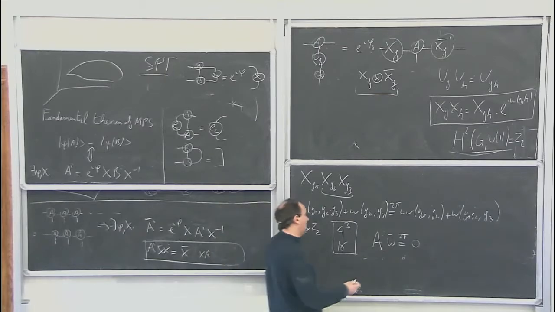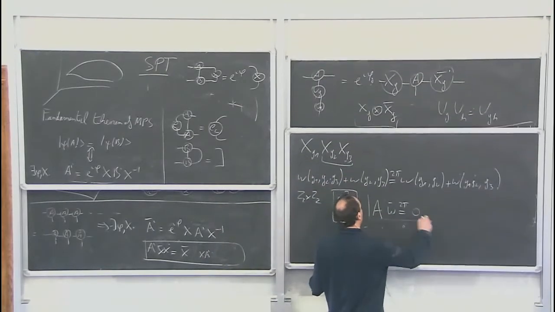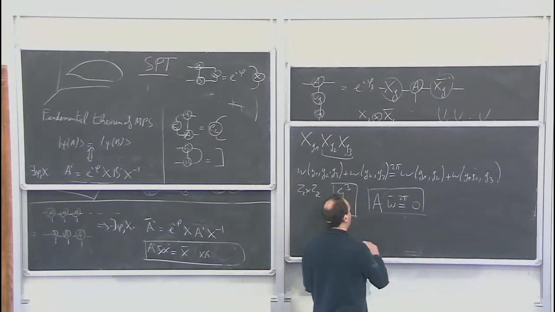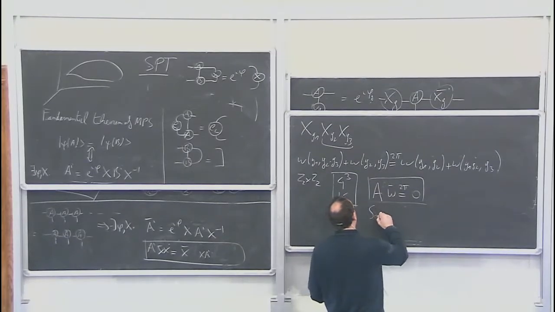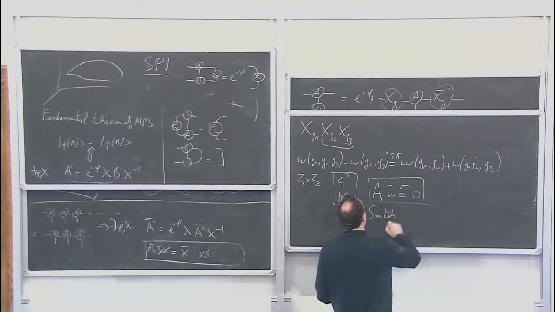And actually, this can directly be solved using something that is called, I don't know how many people are familiar with this, but this is something very powerful, the Smith normal form.